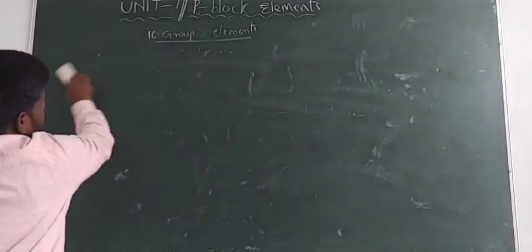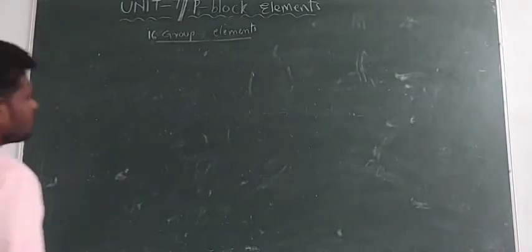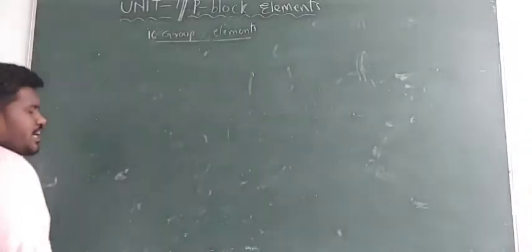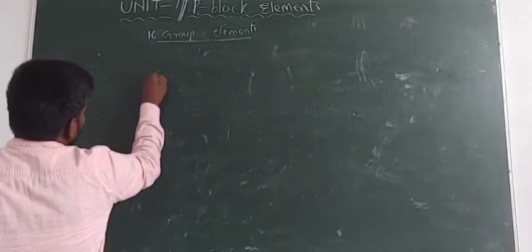So right guys, next one, the quantitative estimation of ozone in an unknown sample. We can estimate how much ozone is present in a given sample by treating it with potassium iodide.